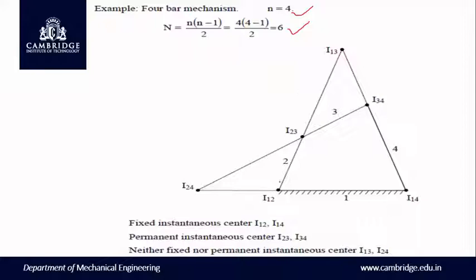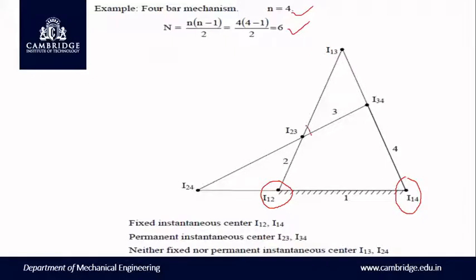Now after drawing a configuration diagram, we can observe that I12 is fixed because that instantaneous center is located on a fixed link. Hence I12 as well as I14 are both fixed instantaneous centers.